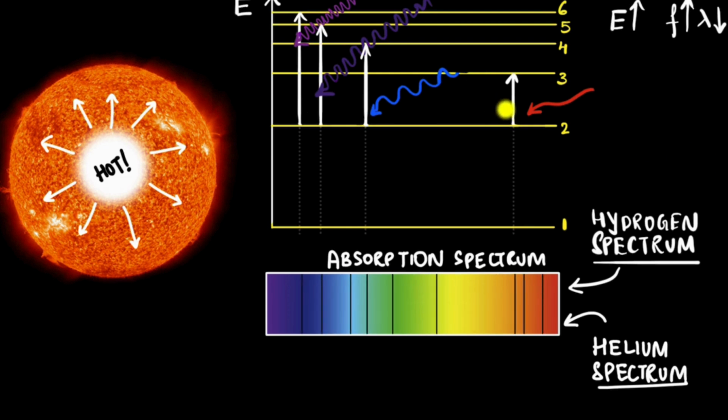But wait a second, once they absorb them, shouldn't they also release them again? Yes, they do release those colors, but those colors are absorbed from the outer layer, and then they're emitted back in all the other directions. So mostly in this direction, those colors will be missing, and that's why you get the absorption spectrum. But the analysis is the same.